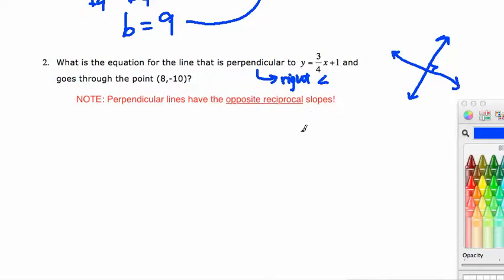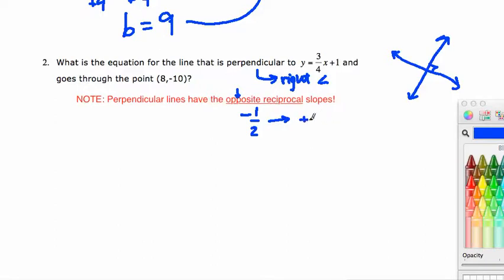And in this case, you probably won't understand this yet, perpendicular lines have the opposite reciprocal slopes. Okay, so that would mean that if one slope is -1/2, then the other slope has a positive slope and you're going to flip. So the sign changes, that's what opposite means.